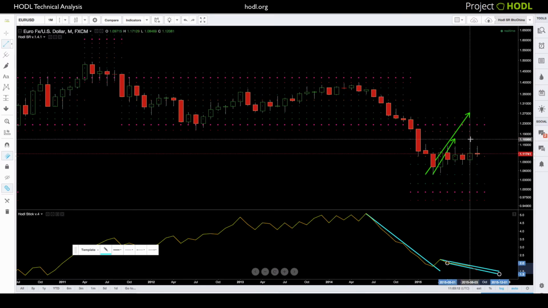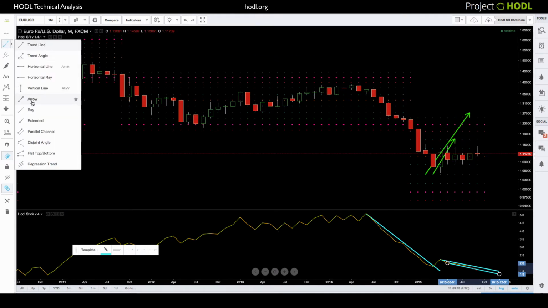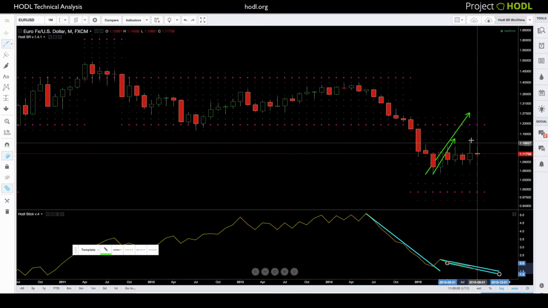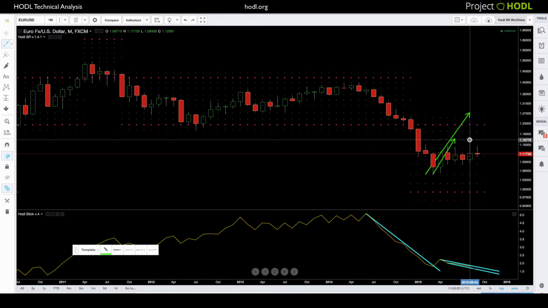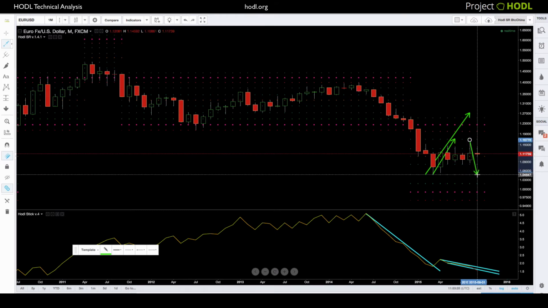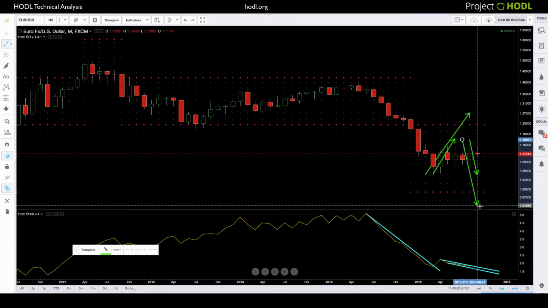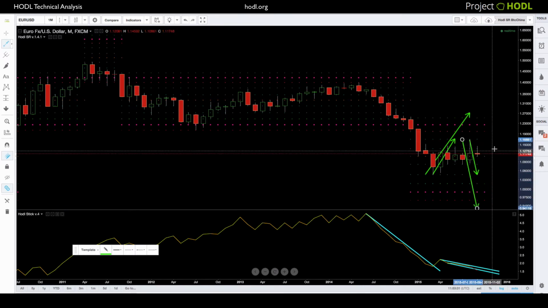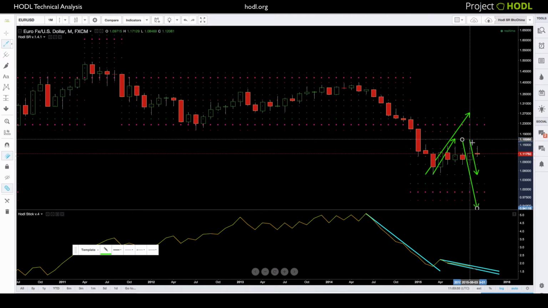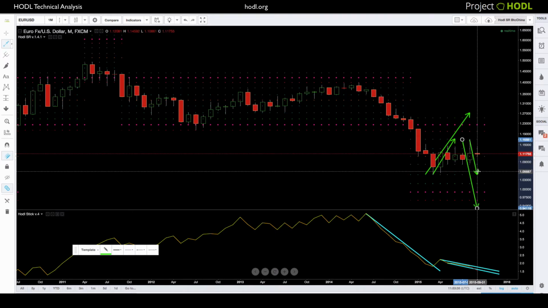So if we completed this half move up, we can expect another move to the downside. So half move down or even full move down. So this is going somewhere here. So those are the moves we can expect on the monthly time frame.